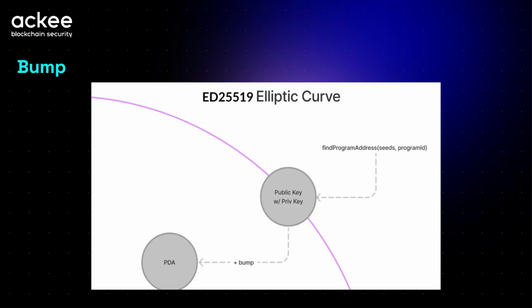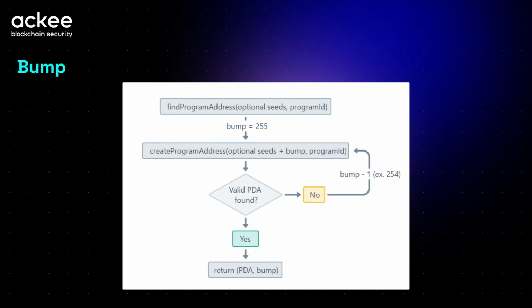If you understand it until now, you basically understand PDAs. Okay, and you may ask, what is actually the process of creating PDAs? It firstly starts with find program address. You have the optional seeds and you have the program ID.